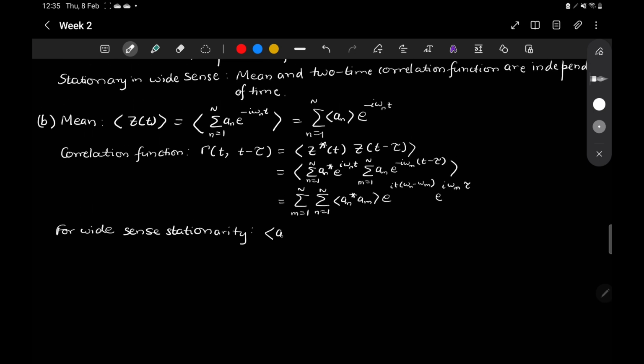That means the expectation of an should be equal to 0. And we also want the expectation of an star am from the two-time correlation function to be delta mn times the expectation of mod an squared. So when m is not equal to n, delta mn equals 0, and when m equals n, delta mn equals 1.